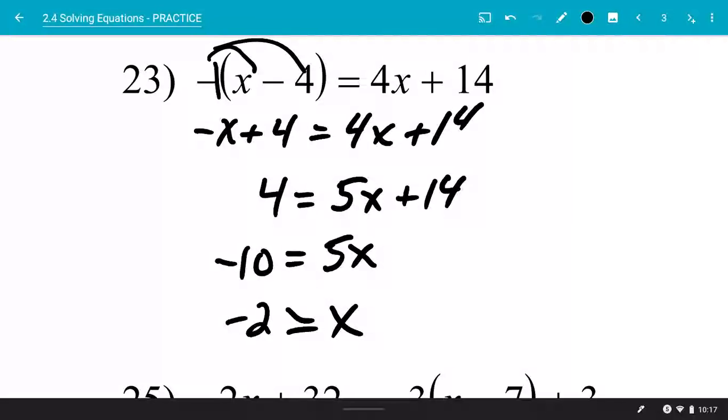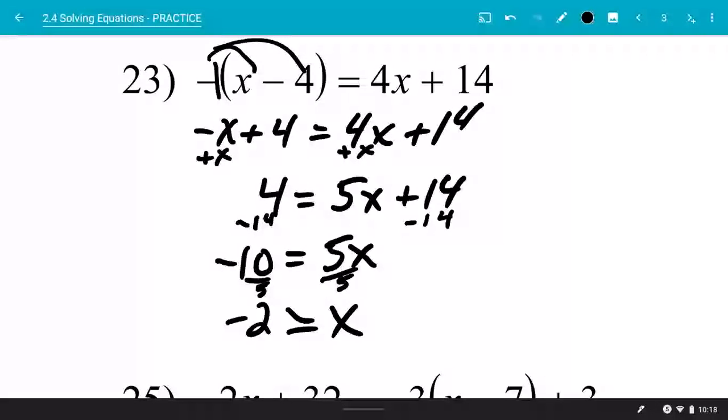Can you follow it? Plus x, right? What do I do in the next step? Subtracted 14, right? Then what? Divided by 5. Cool.